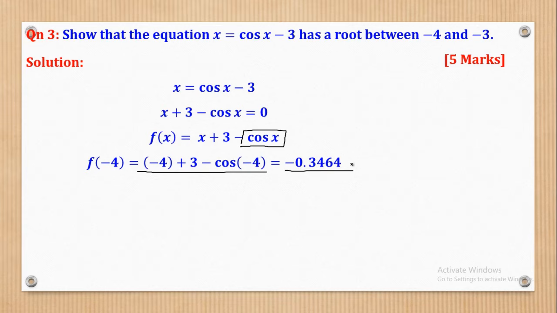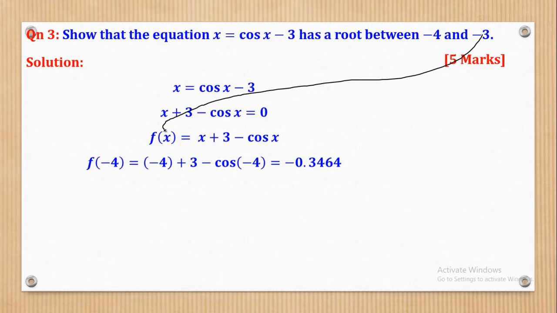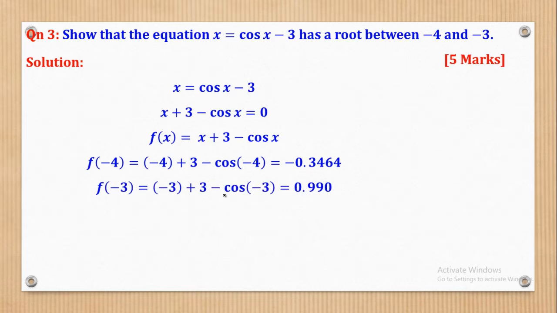Like we said in math 2, when they don't specify the number of decimal places, you have to use 4. So next is to bring this -3 and put it here, then you come up with -0.9900. I think we realize that there is a change of sign, because this is negative, this is positive.